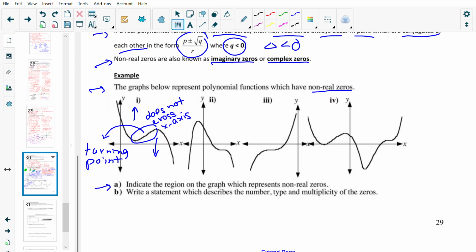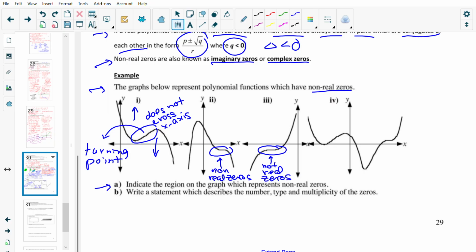Write a statement which describes the number, type, and multiplicities of zeros. First, let me go through where the turning points are. Okay. Right there. So non-real zeros. Turning point right here.